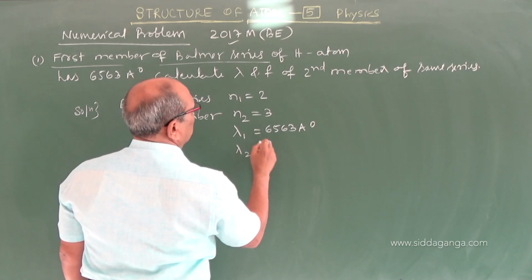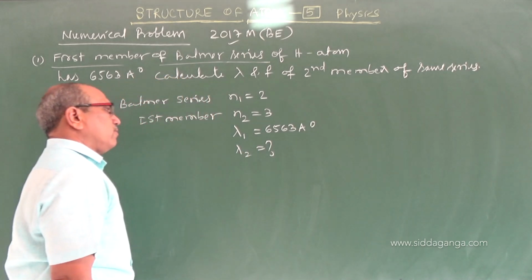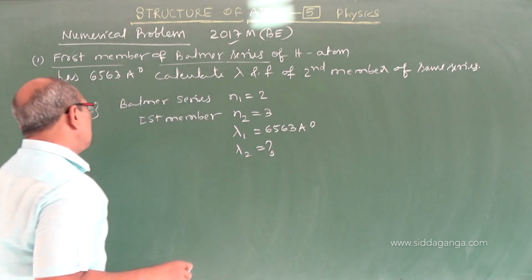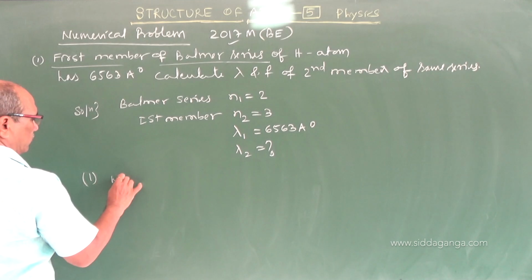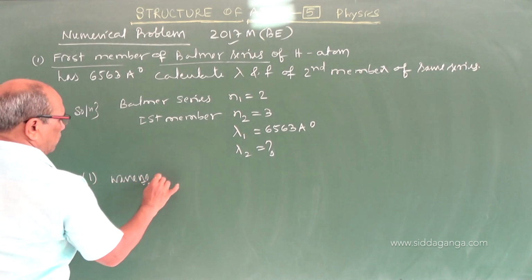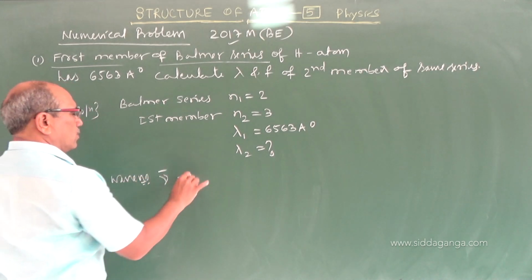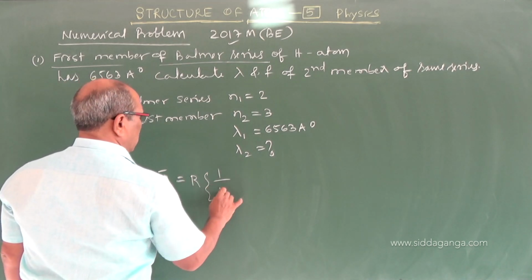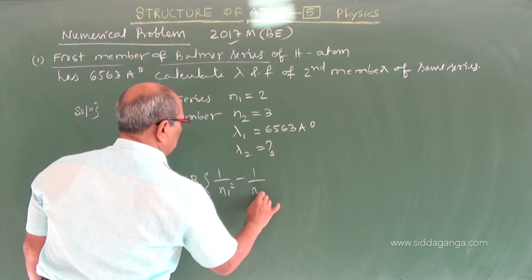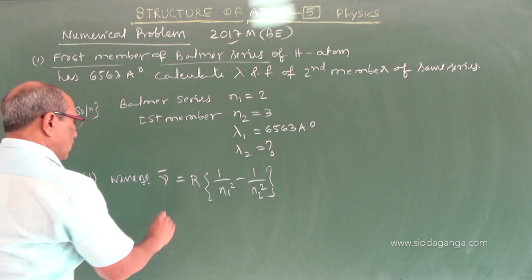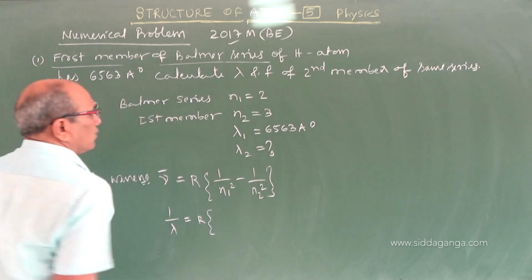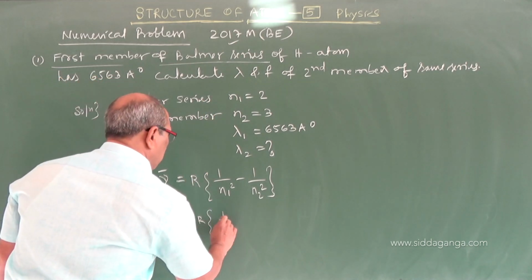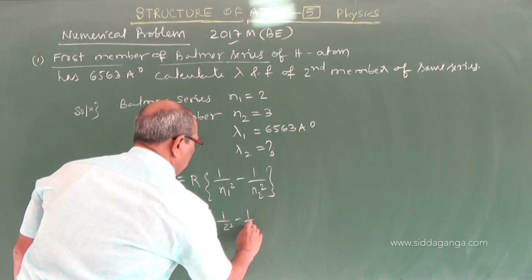The question is on the second member wavelength and frequency. For this, directly use the wave number expression. Wave number nu bar equals R into 1 by n1 square minus 1 by n2 square. I am writing 1 by lambda equals R into, for the first given, 1 by 2 square minus 1 by 3 square.